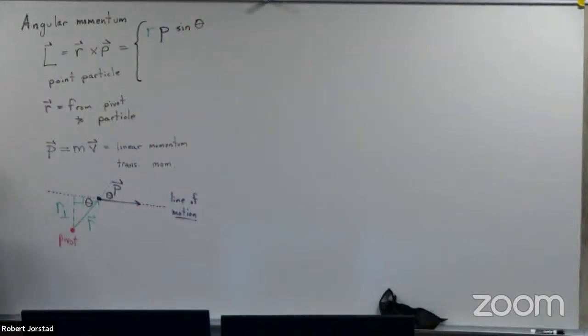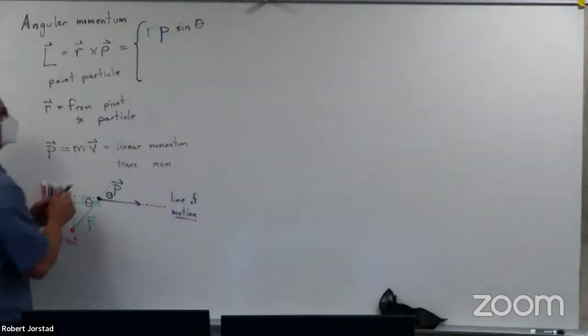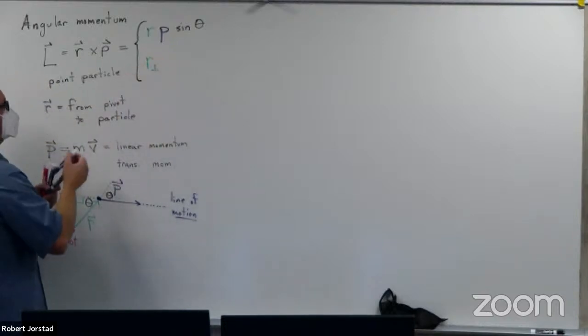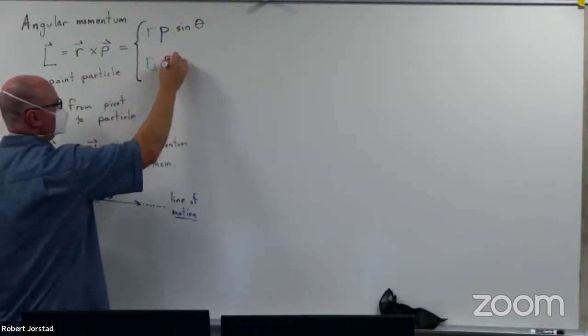Or, do you agree that r perp is r sine theta? There's a right triangle here. It turns out you could just get the perpendicular distance times p.